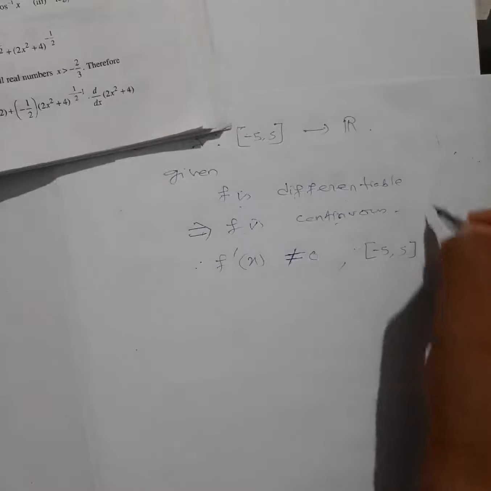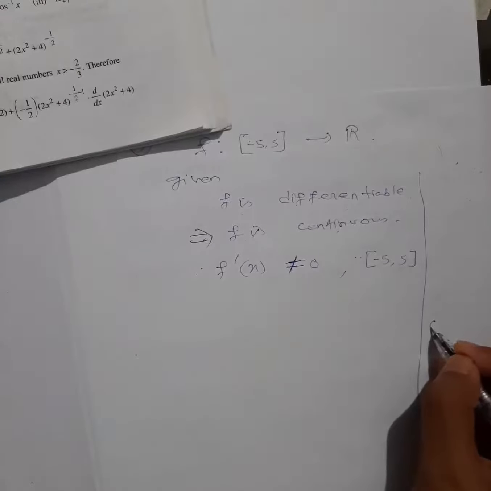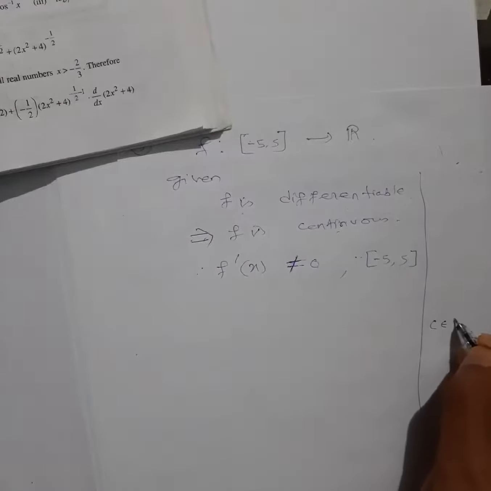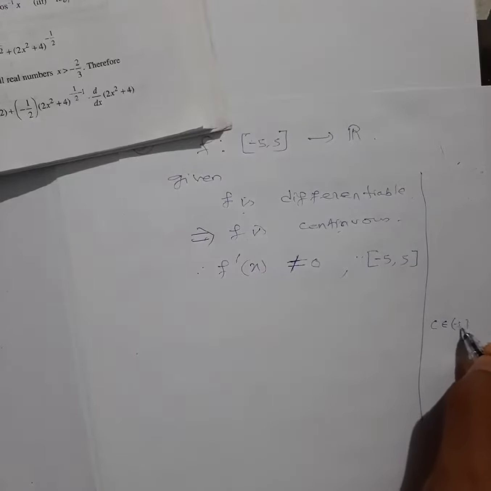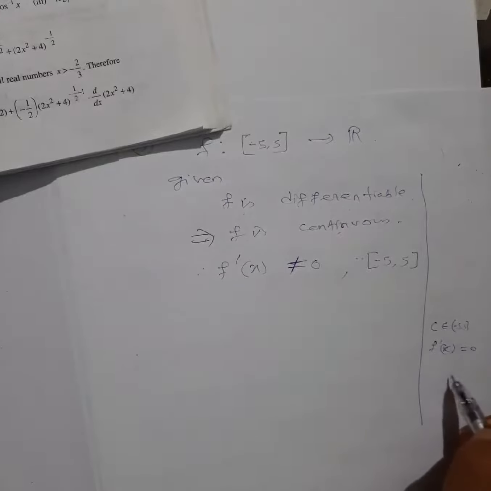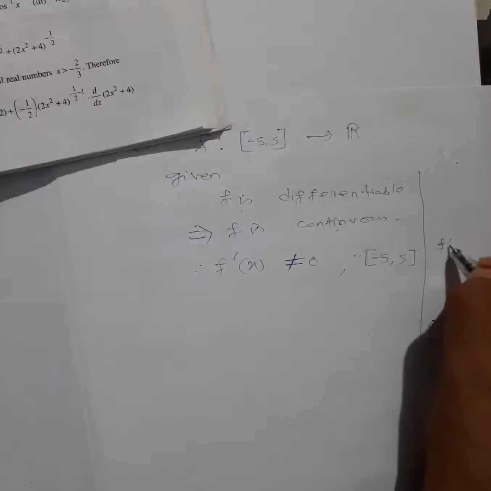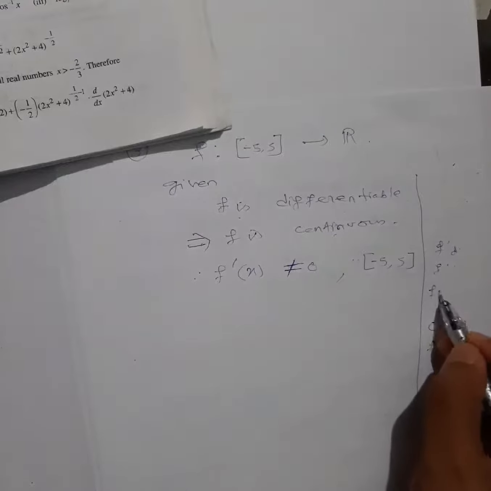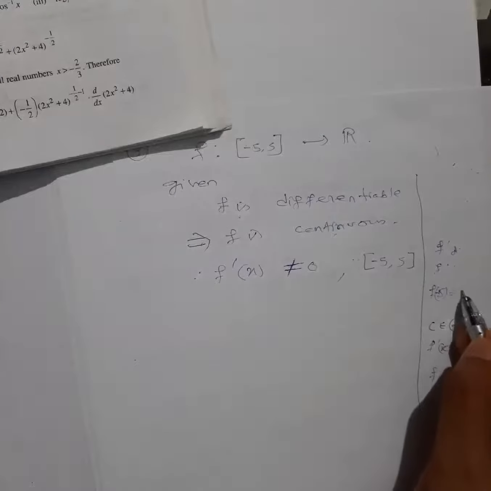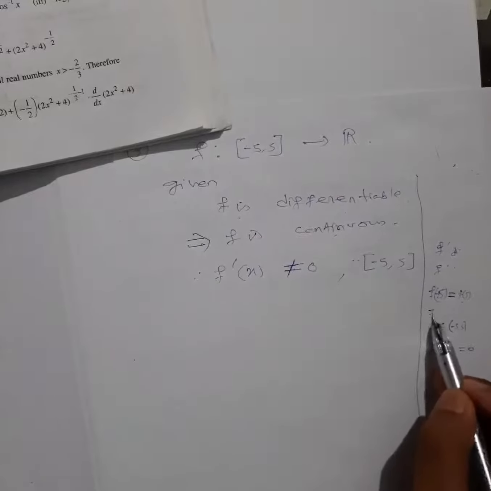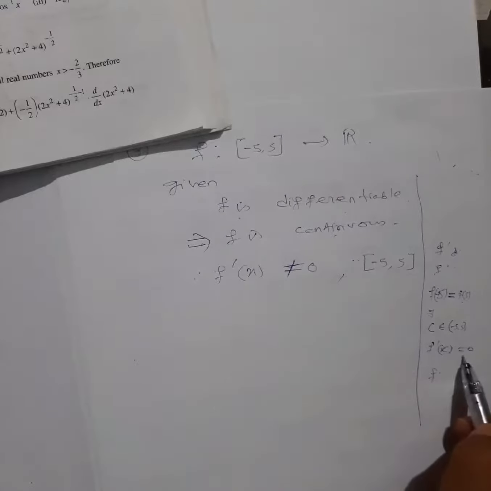You don't have any point. Means what? You can relate this with the theorem. The theorem says that if there exists c belonging to the open interval, say minus 5 to 5, then f dash c must be 0. Now if it happens, then only your theorem says: f differentiable, f continuous, f of minus 5 is equal to f of 5, then there exists c belonging to this interval such that this will happen.